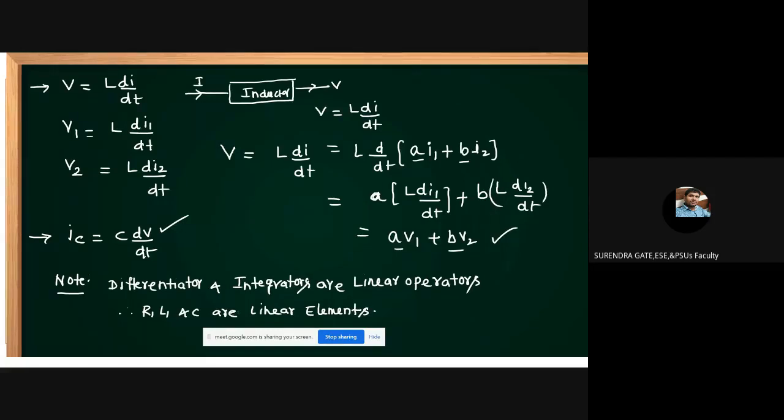Okay, this is about linear elements. Sir, what is a non-linear element? If this principle is not satisfied, then it is taken as a non-linear element.